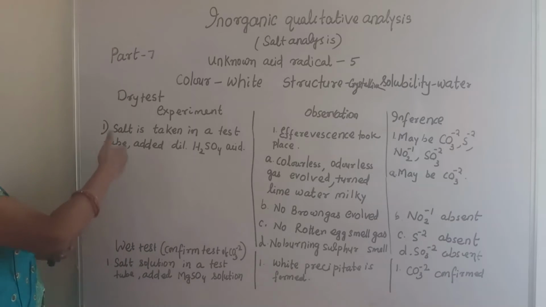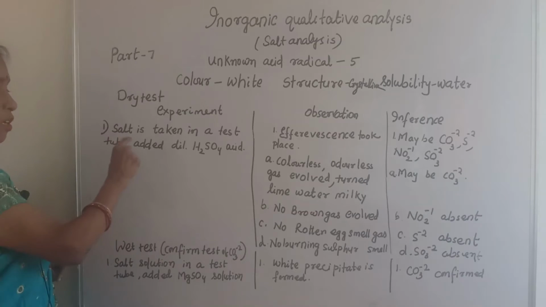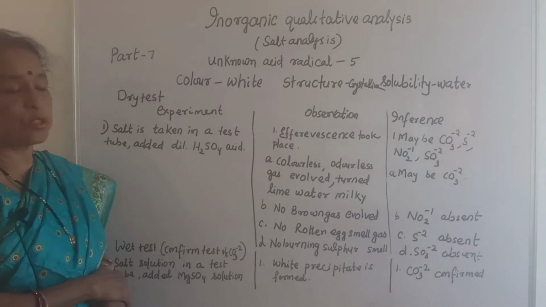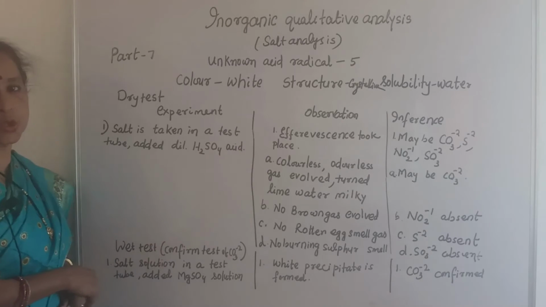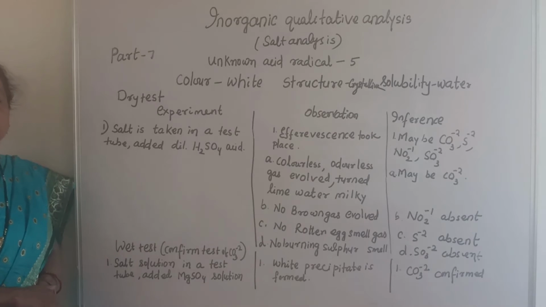Again see, first you go to the dry test. In the dry test you take the salt, sorry, not solution. Remember, dry test means no solution, only direct solid. So the salt is taken in a test tube and dilute sulfuric acid is added. Effervescence took place, and here it may be carbonate, sulfite, nitrite, or sulfide.